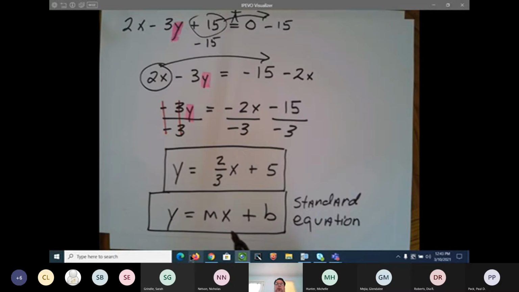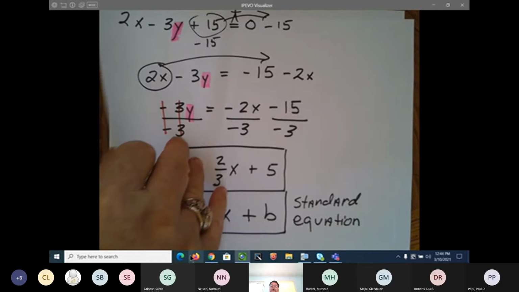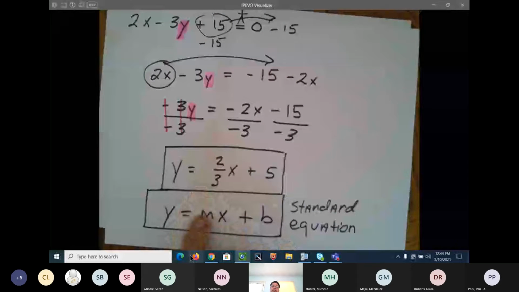No, I can't mark it wrong, but I can put a note on it that says you need to write it in standard notation. Does that answer your question? You can leave it like this throughout the problem, but at the very end of the problem, you need to fix it like this.